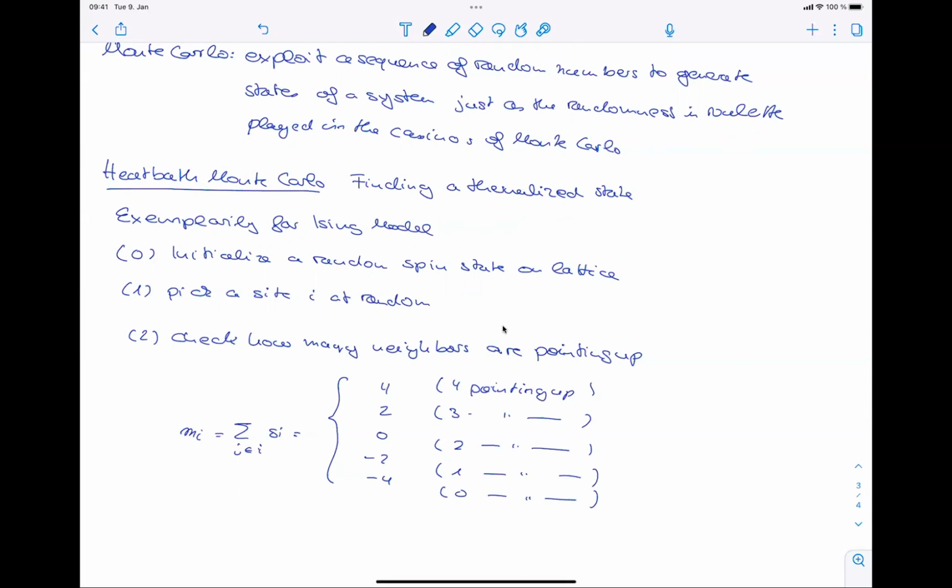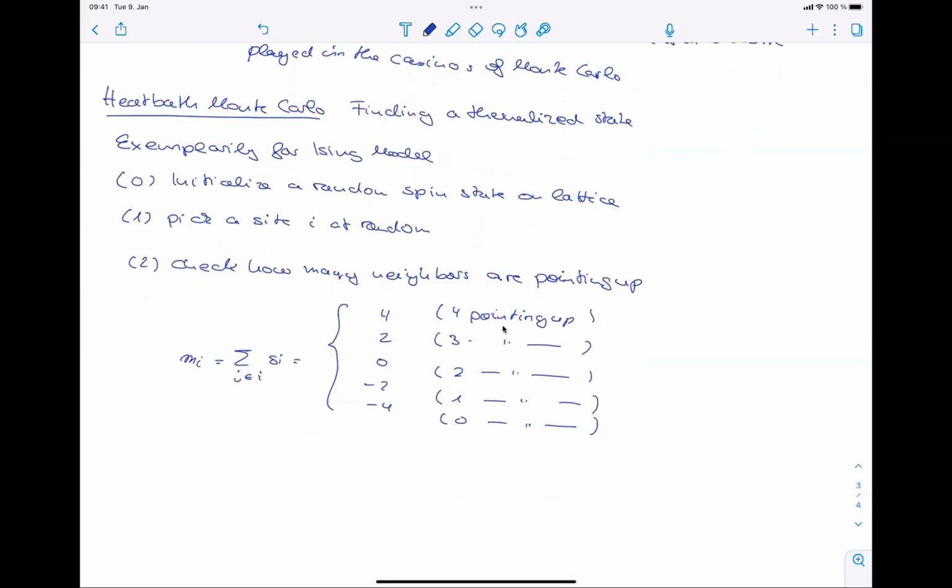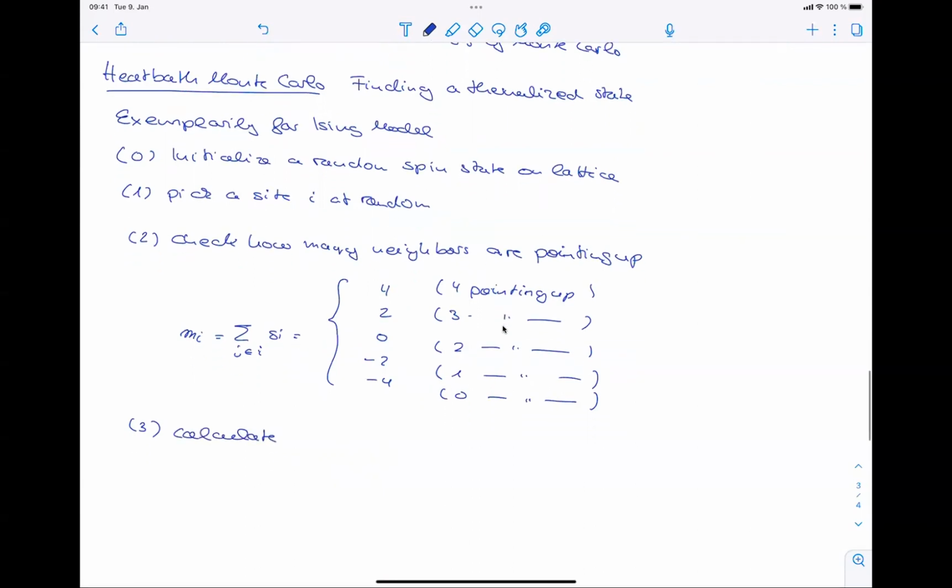So this is just enumerating the magnetization, and then we can use the magnetization to calculate the energies. So we then calculate E plus as -J m_i - H. This would be the energy for our spin i being +1, or E minus as J m_i + H for spin i being -1.